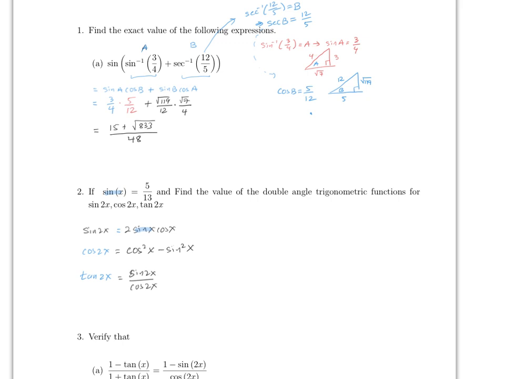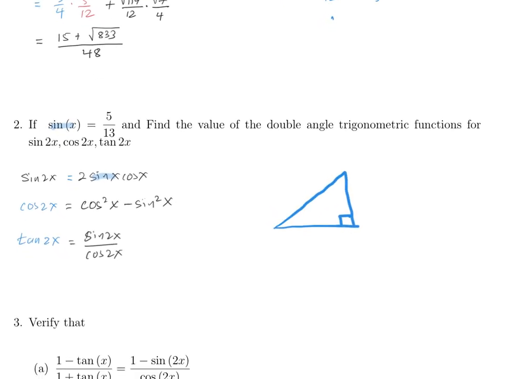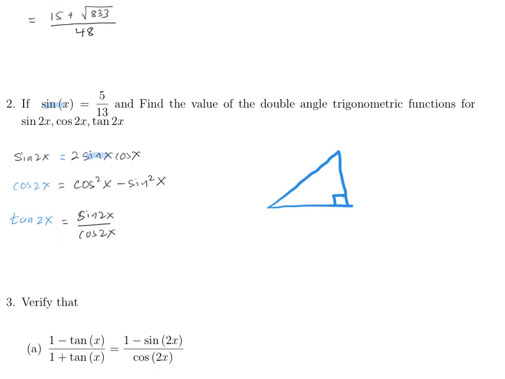So the triangle will be the following. You have x as the angle this time, and sine is 5 over 13, which means this is 5, this is 13. By the Pythagorean theorem, this is 12.